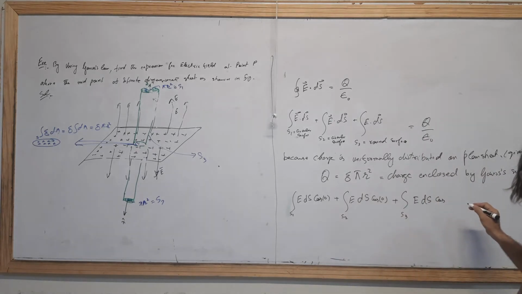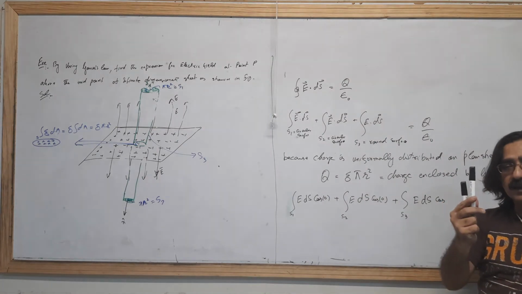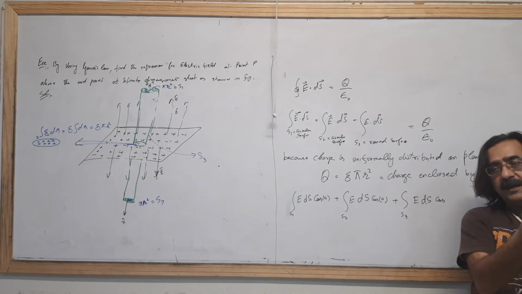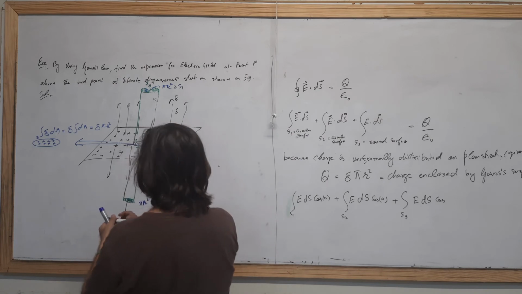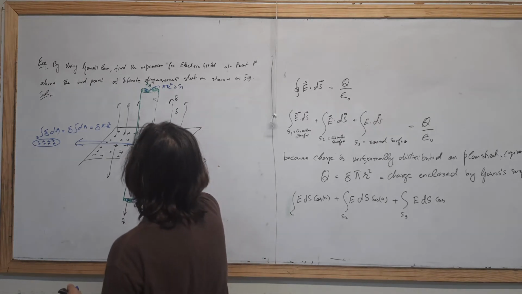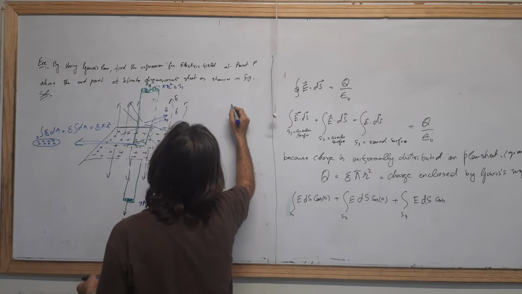What will be the angle? Because this is a cylinder, and on all sides the area vector is like this, so that will always be outward. Unfortunately, I have forgotten the red marker in my office room.